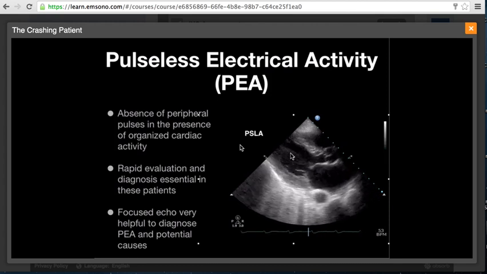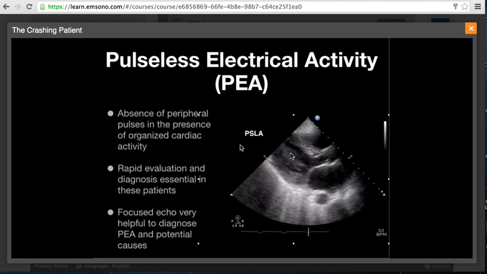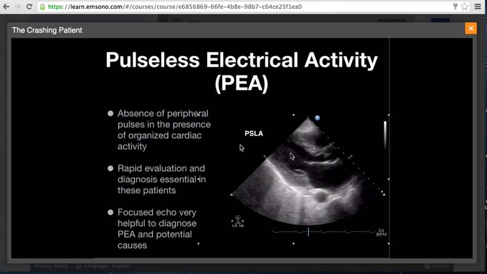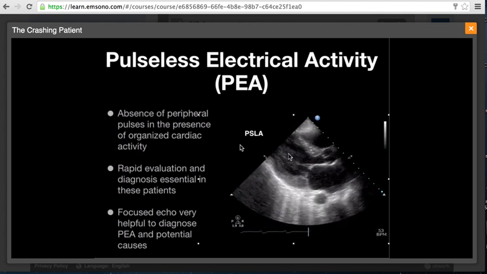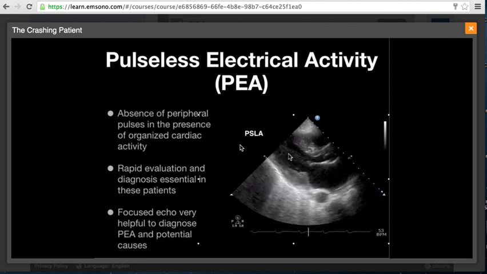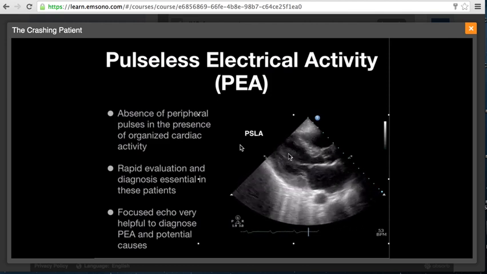You could look to see if the LV function was hyperdynamic and that the ventricular walls were opposing or kissing at end systole, making you think of hypovolemia. This could allow you to extend the focused ultrasound exam to look into the abdomen for hemoperitoneum, as well as to look for signs of ruptured AAA. So there's a lot that ultrasound can be used for, and it can be rapidly used to help these patients.